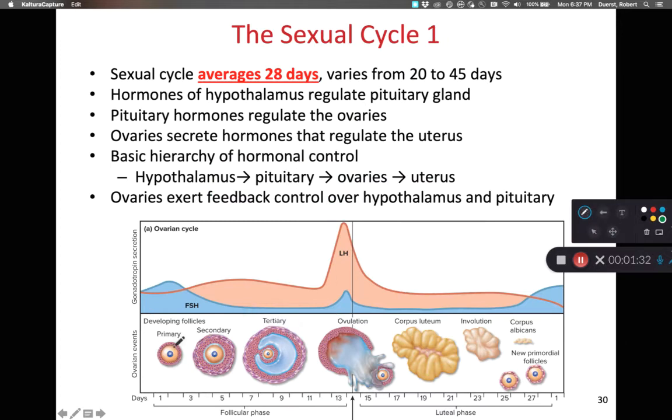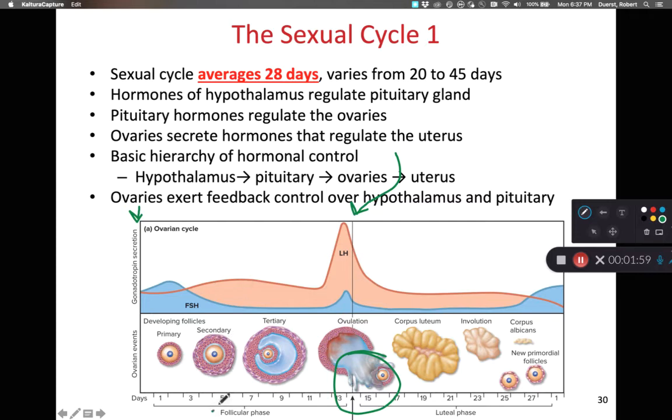In terms of our typical cycle, day one of the sexual cycle is marked with menstruation. That is the event of day one. And for the ovarian cycle, that's when we start on day one of the ovarian cycle. In terms of our average or idealized ovarian cycle, day 14 is going to be ovulation, when that secondary oocyte is ovulated from the mature follicle.